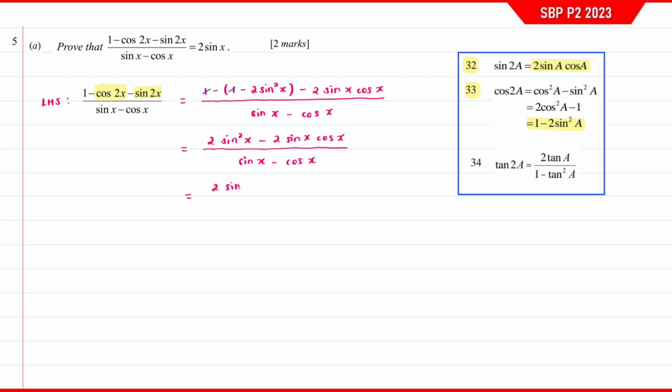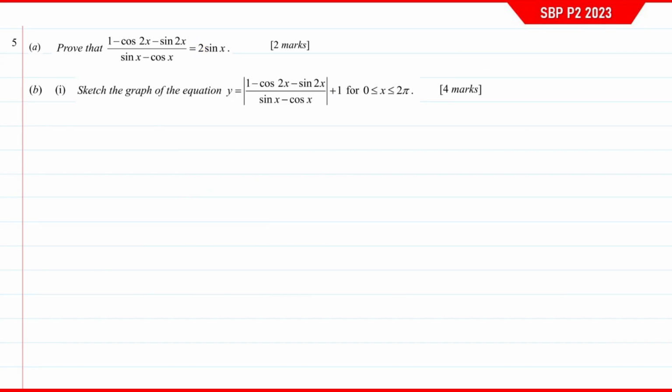So 2 sin x bracket sin x minus cos x. Now for the part sin x minus cos x here, we can cancel it. Therefore, what is left will be 2 sin x, which is equal to the right hand side. Then it is proven.